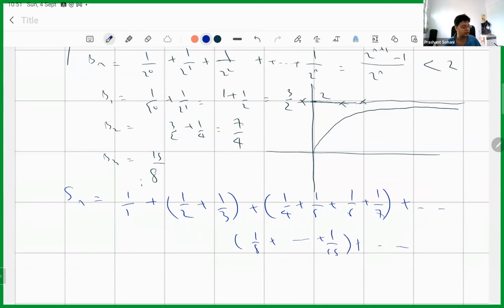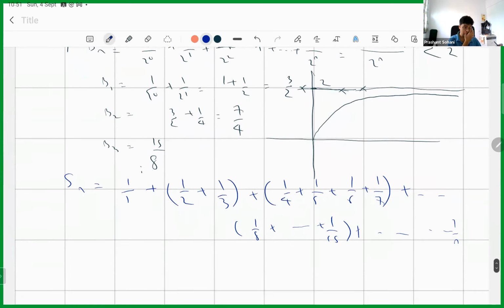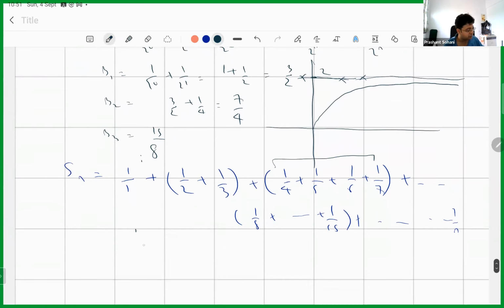This is how I group up till whatever, there will be some leftover terms at the end which I'm ignoring. But if I group it this way and you look at it one bracket at a time, you'll see that every bracket starts with the power of 2 and ends just before the next power of 2.